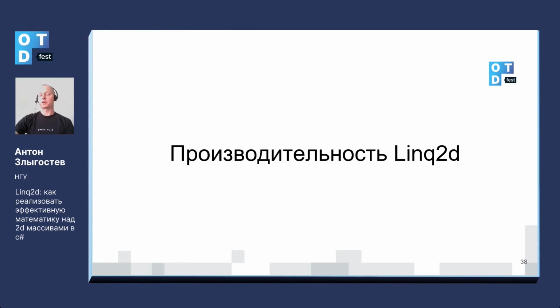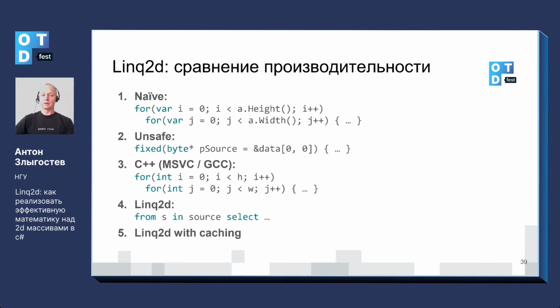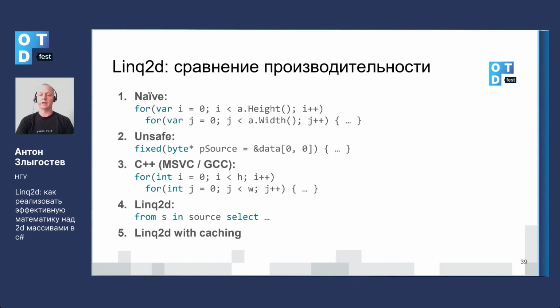So let's also talk about performance. You saw the functionality. Binarization is used in pretty much everything. Let's see how much it costs. So we calculated number of filters, naive approach, something that a novice would write in C#, someone who would know how to work with arrays.